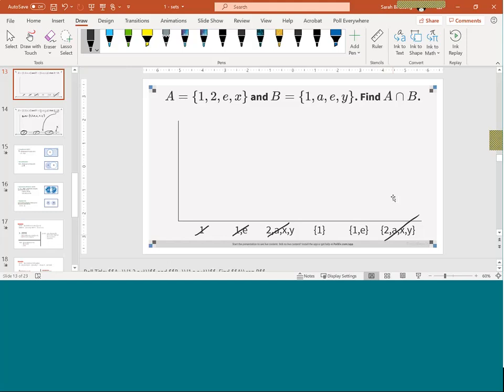So this one here is going to be defined to be your intersection, and that is because the intersection is not just any old set where you grab some of the elements that are in common to both A and B. That one is fine too, but you take all of the elements that are in common to both A and B. Subtle difference, but that makes it so you have exactly one answer for your intersection.